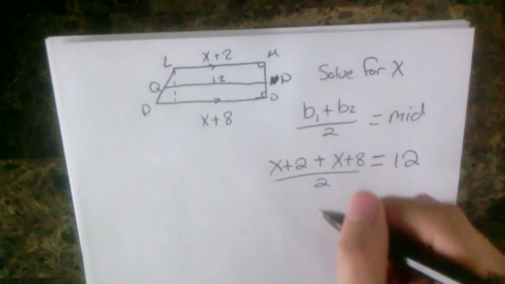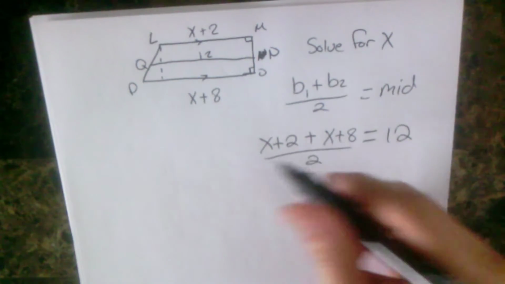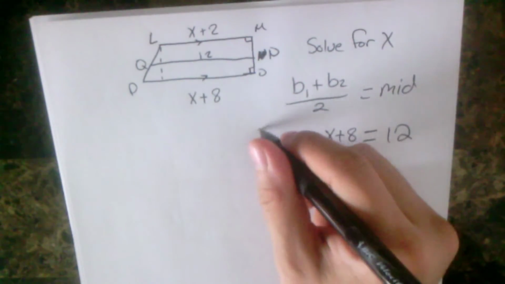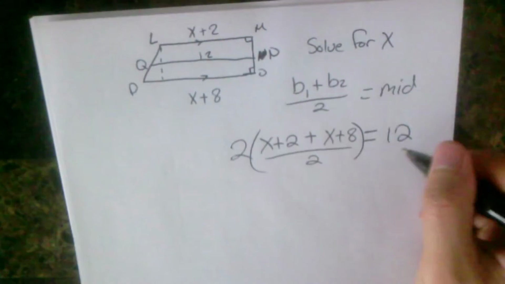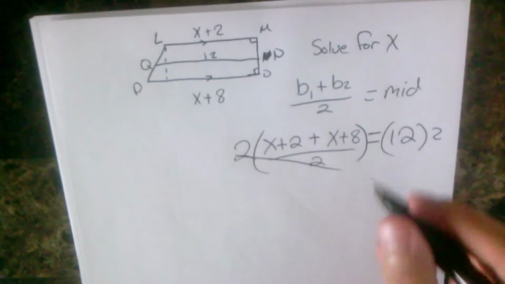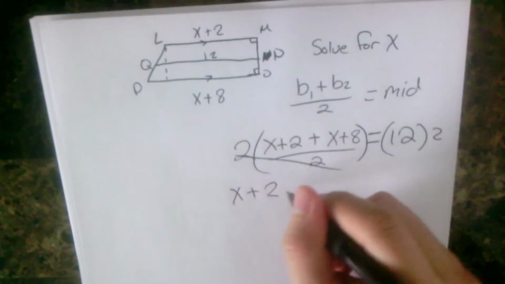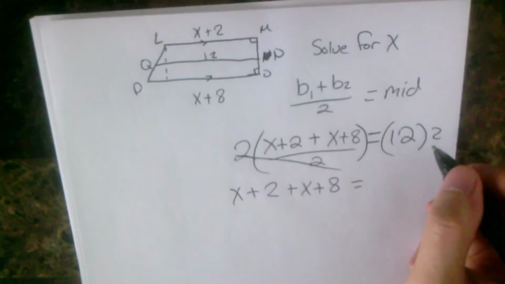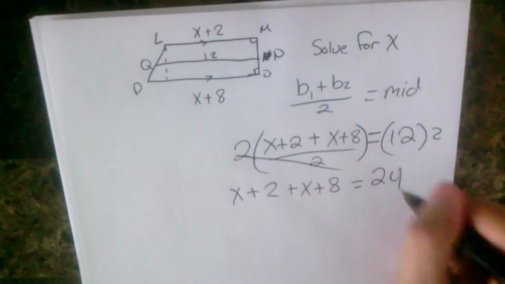Okay. And just like before, to get rid of this divided by 2, and the step that we kept using in class and everyone wanted to use as step 1, let's go ahead and use it as step 1. Multiply everything by 2. Because those 2's are going to cancel, and you're just going to be left with what's on top. So x plus 2, plus x plus 8 equals, what's 12 times 2? Hopefully you'll remember, that's 24.